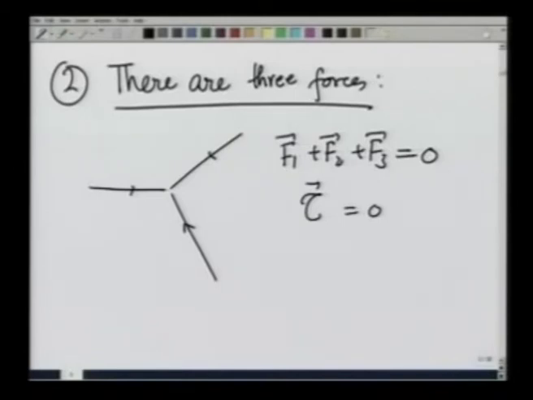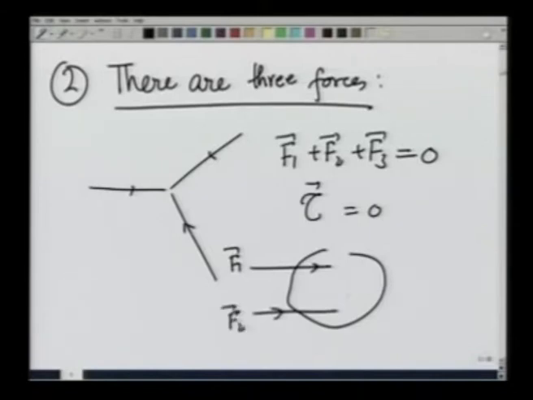Another way they can provide equilibrium to a body is if they are parallel. So, two forces could act in this direction and the third force could act opposite. In that case, about this point, for example, the torques would be in opposite directions due to F1 and F2, and they will balance out. This is something we are going to use later.